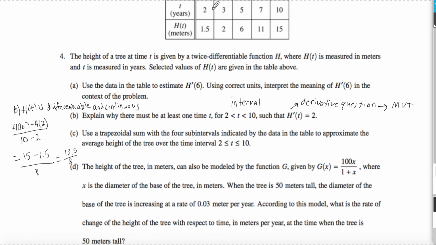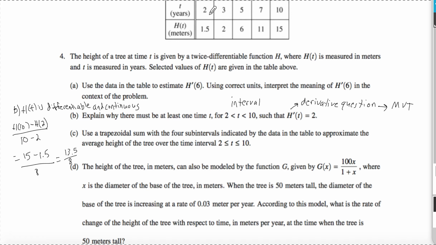Well, let's see. We're looking at this whole interval. So if we can prove that there's at least one of these intervals where the derivative is 2, then we should be able to conclude that there's got to be at least one place from 2 to 10 where the derivative is 2. So is there one of these intervals that will give us a rate of change of 2? Well, 2 to 10 didn't actually work.